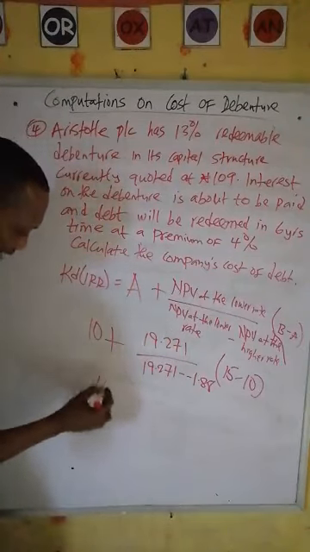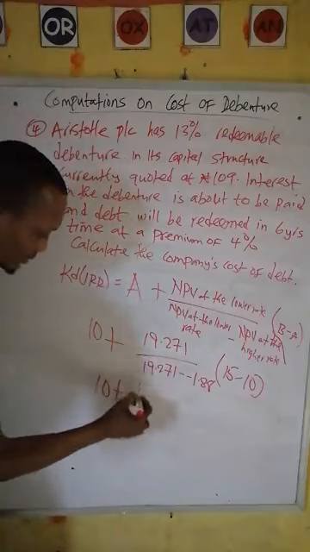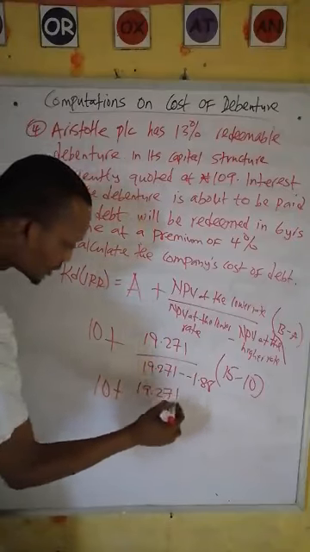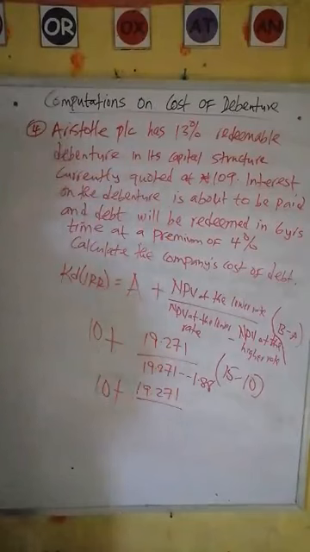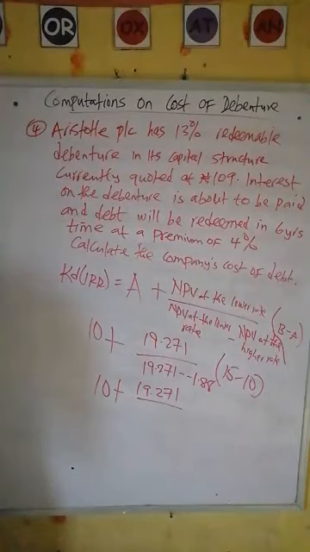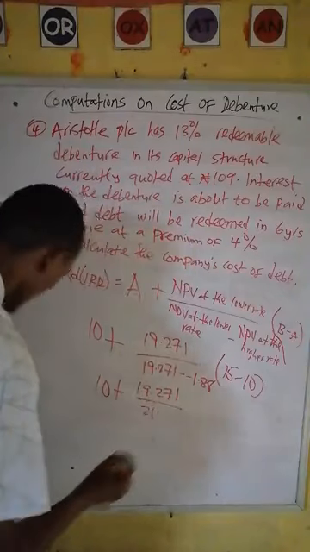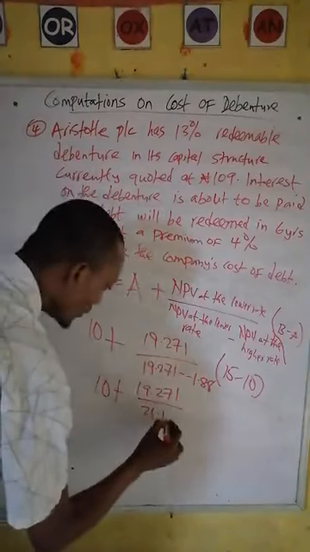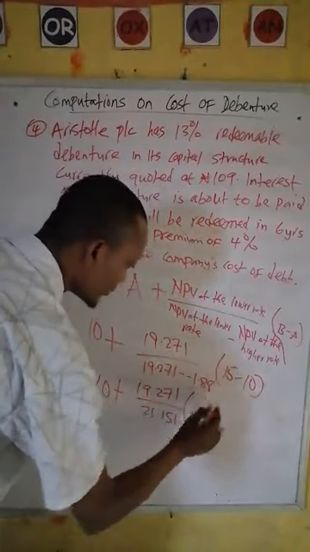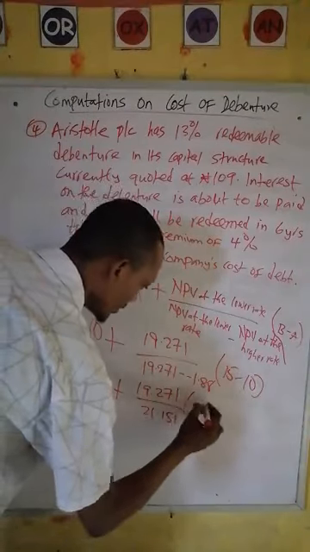So 10 plus 19.271 all over 19.271 plus 1.88 is equal to 21.151. The bracket 15 minus 10, we have it as 5.